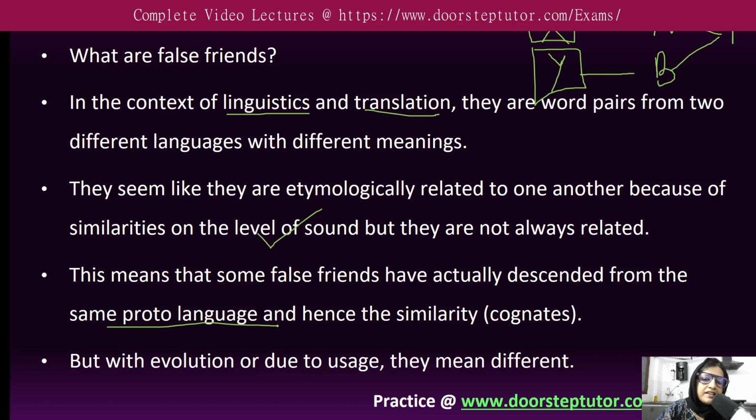Different because the languages have been separated from their parents for, let's say, 20 years, 50 years, 100 years, and they have undergone some sort of development also, because language is constantly evolving. So this evolution has led them to go further away from their parent language.